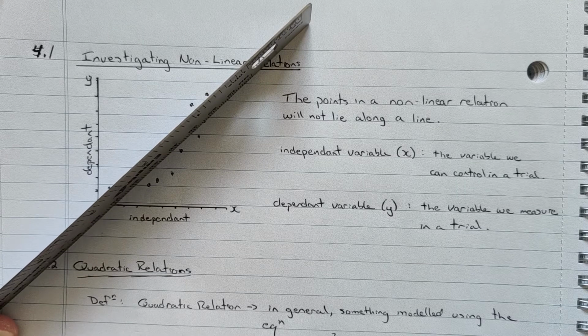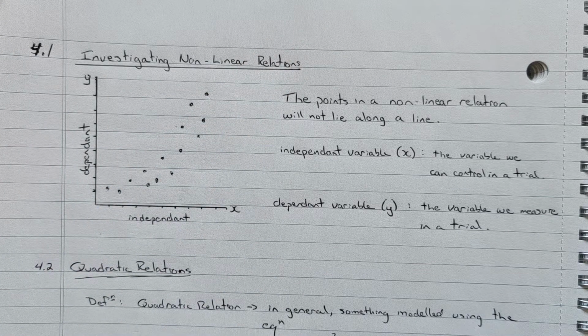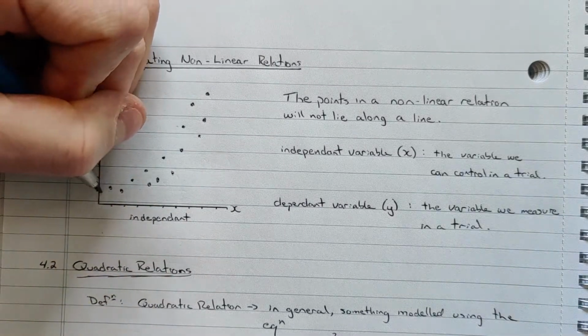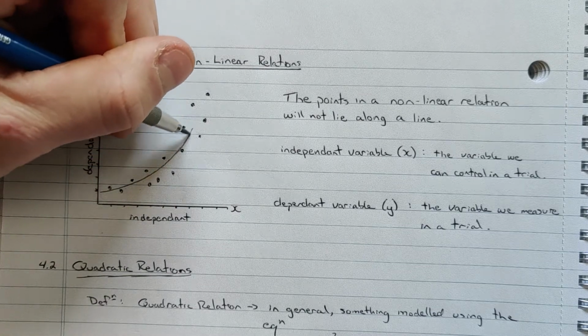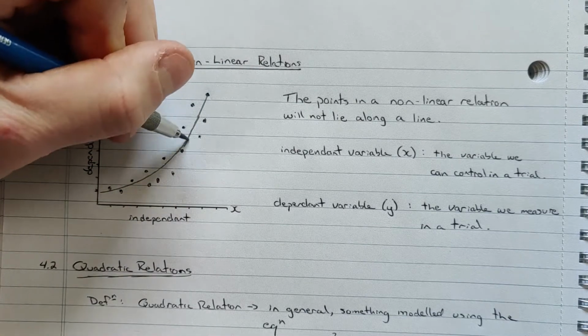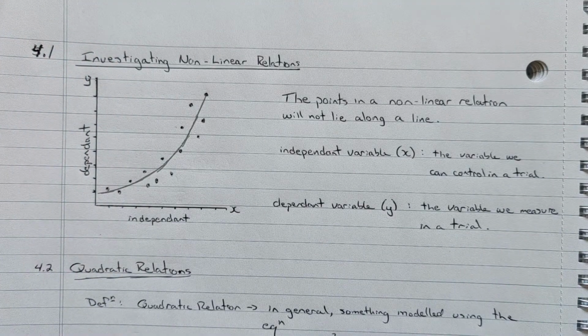I mean, we could put one on there and make it work if we had to, but really this set of points that I have here would best be served by providing a curve of best fit, something maybe like this here, that would better relate to the points than trying to put a line in there. And we can work on these kind of graphs. This is actually kind of a parabolic type of curve, and we're going to talk about that in a minute.